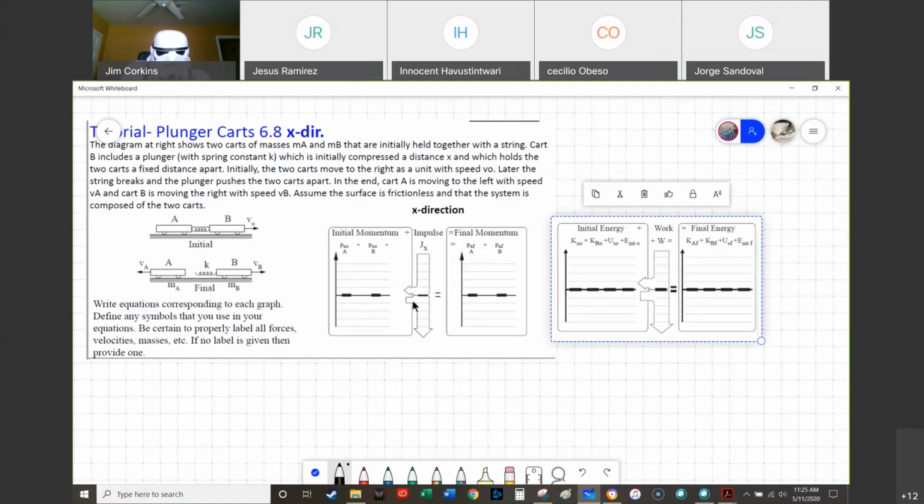Since this is much like an inelastic collision, two carts were not moving in the beginning, and in the end, the momentum of each cart will be opposing each other.